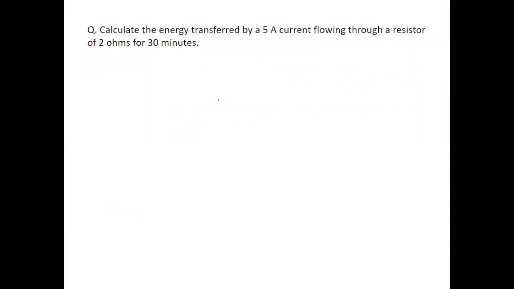Calculate the energy transferred by a 5 ampere current. Here they have given 5 ampere, resistance 2 ohm, and time 30 minutes. We know the formula, power equal to I square R. So I is 5 square, R is 2.